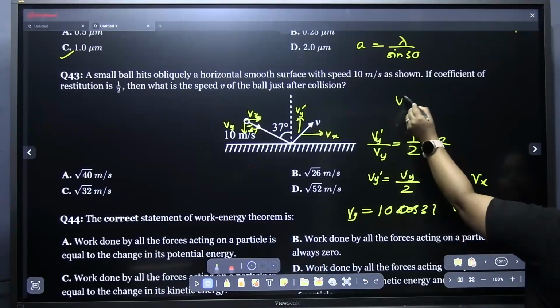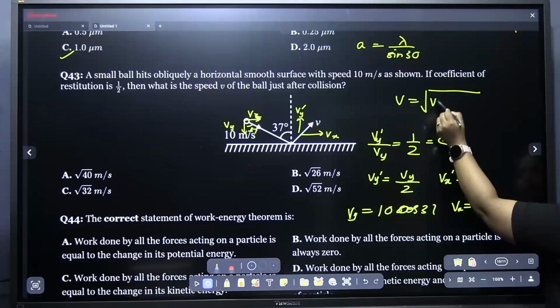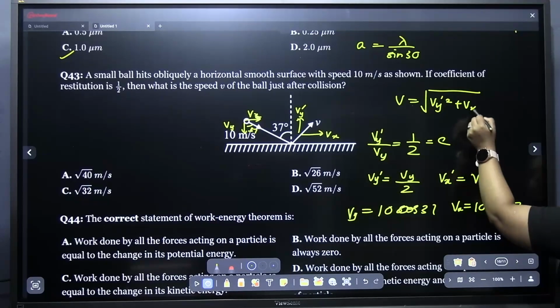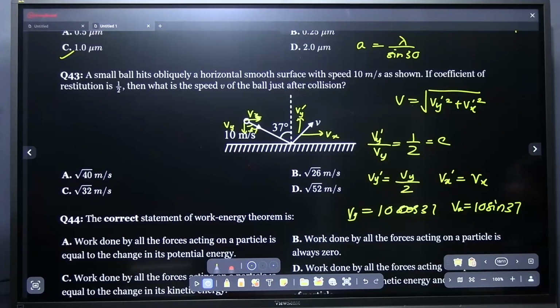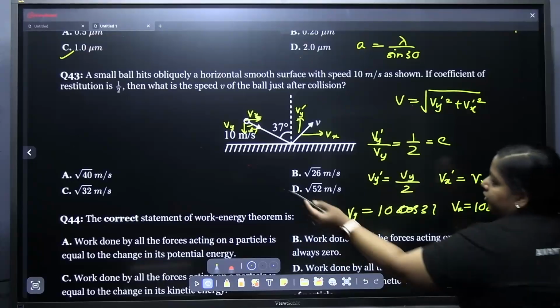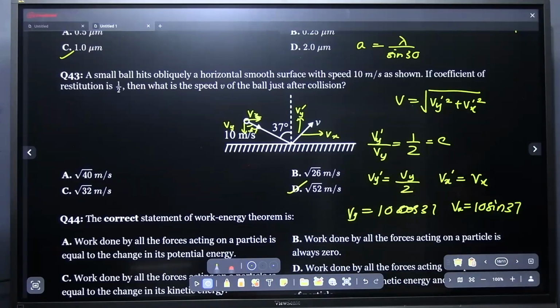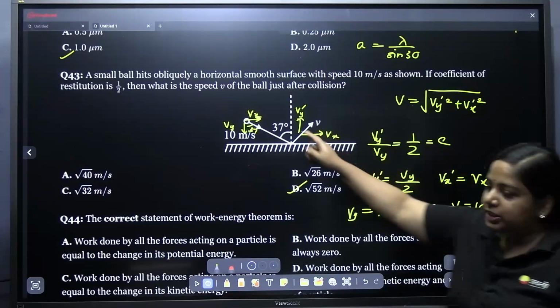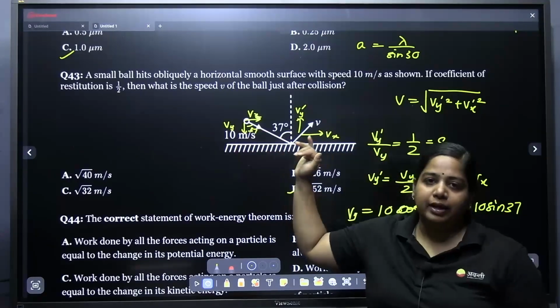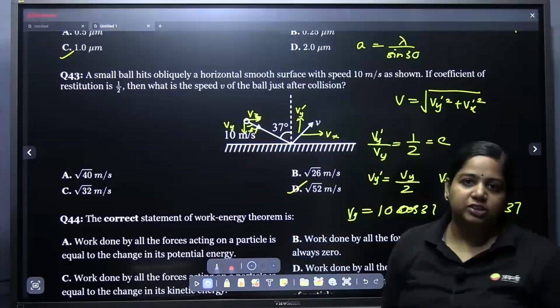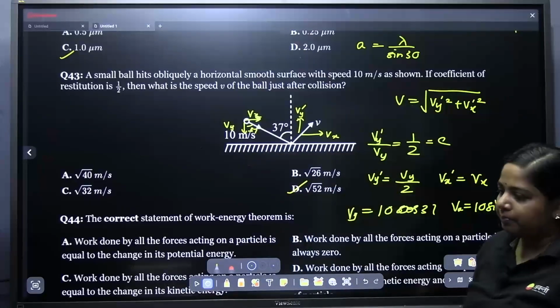Then the final velocity V is equal to the root of Vy dash square plus Vx dash square. This is the method. You will get the answer as root 52, option D. Do you have any doubt? Vx is not changing because there is no force in the x direction, only in the y direction.